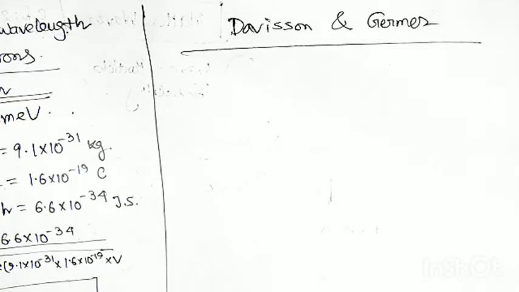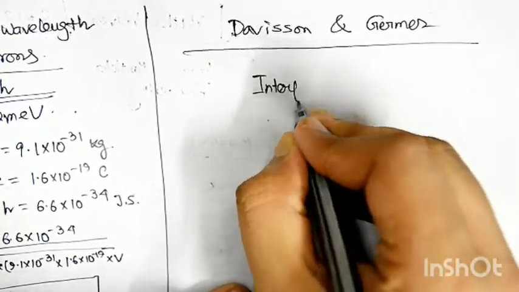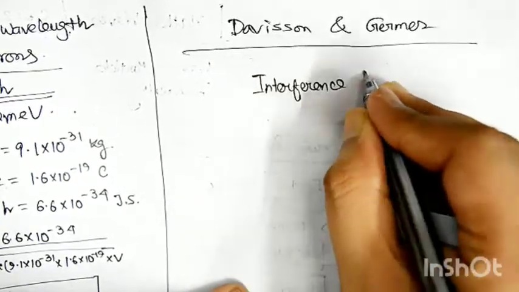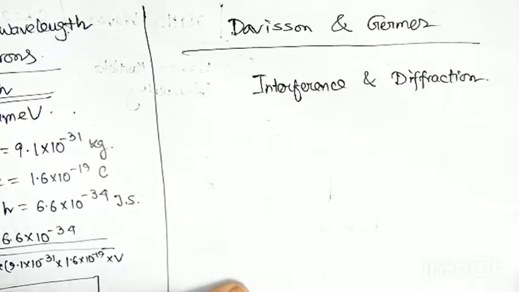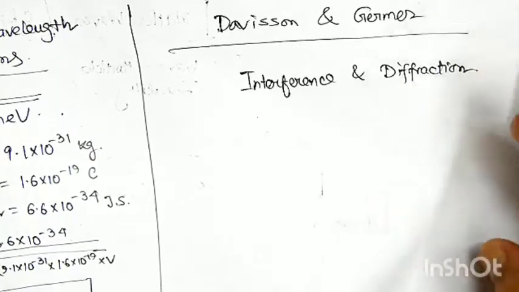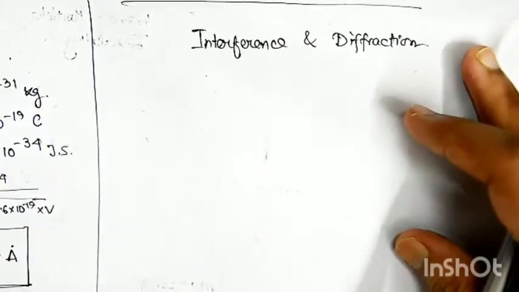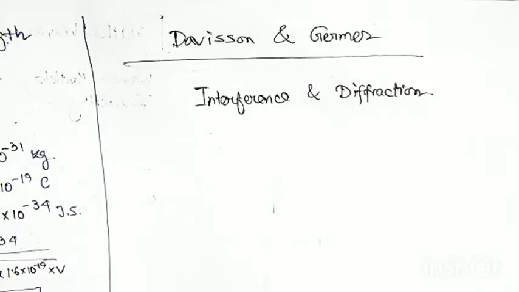We all know that waves show properties like interference and diffraction. Reflection and refraction are also shown, but we will work with these two. This experiment is called Davisson-Germer. What did they aim for?